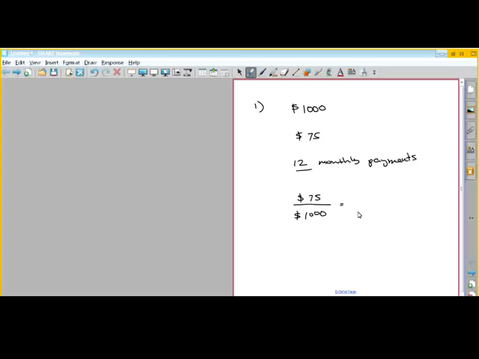So what you want to get is per $100. So what you would do is you divide both the numerator and the denominator by 10. So you'd get $7.5 per $100, or $75 per $1,000. And then what you do is you go across your table and you try to find 7.5.